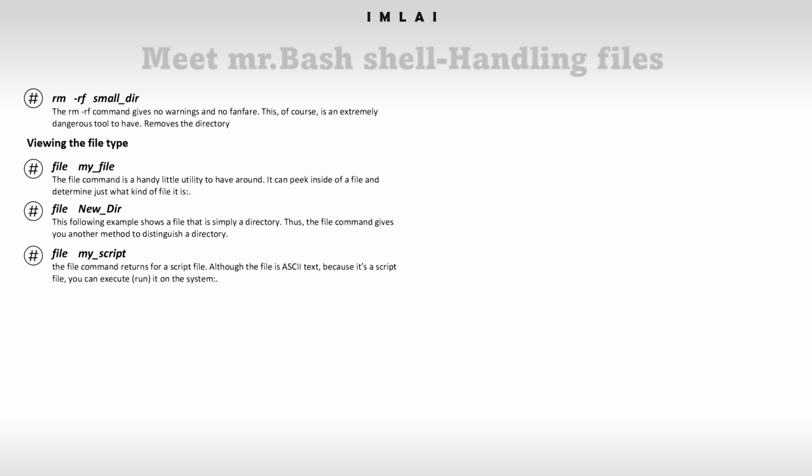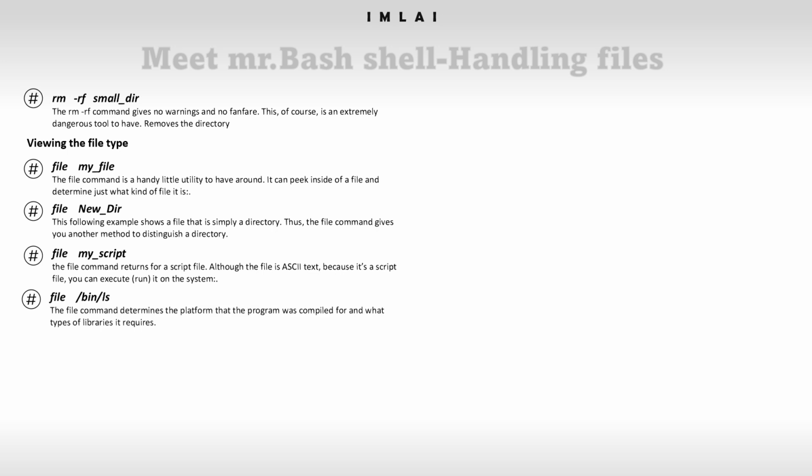Now the following example shows what the file command returns for a script file. When you type file and then my script, the response that is returned is that the file is ASCII text, because it's a script file. You can execute, run it on the system.